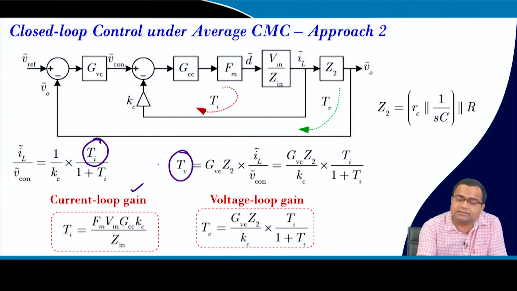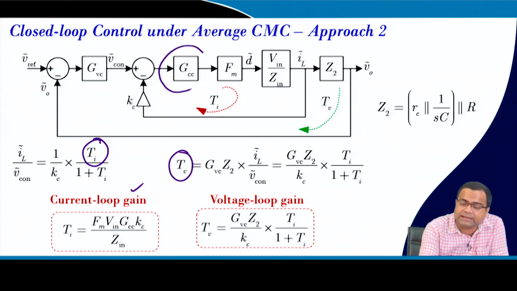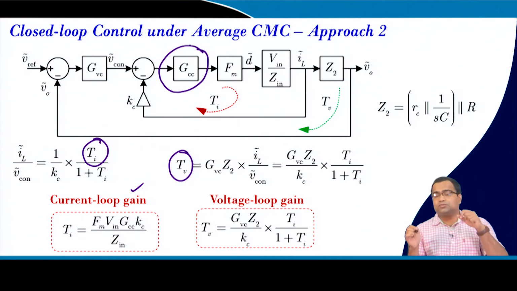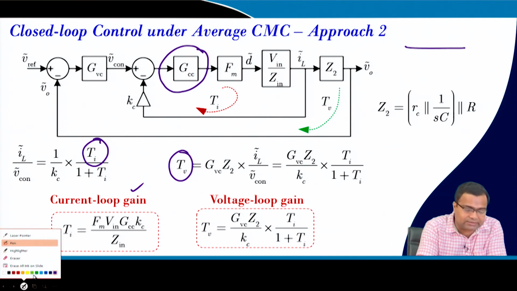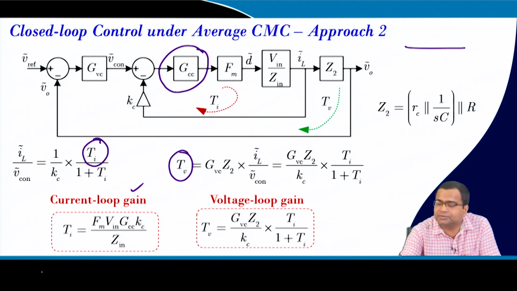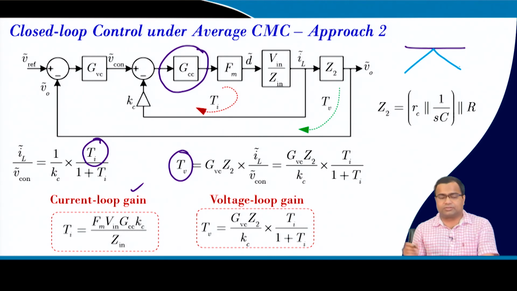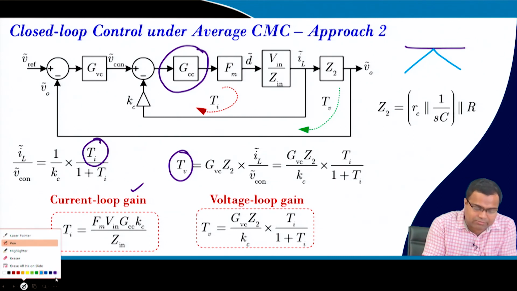But here the current loop bandwidth will be limited by this controller, because we have discussed, even though we put an actual inductor current rather than sensing inductor current, actually there will be a ramp, right.